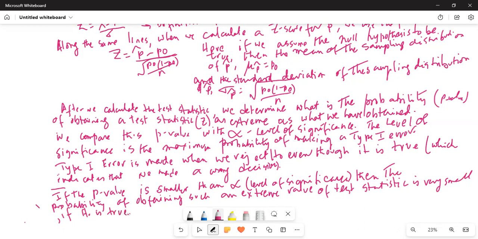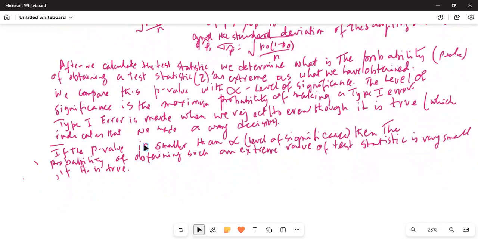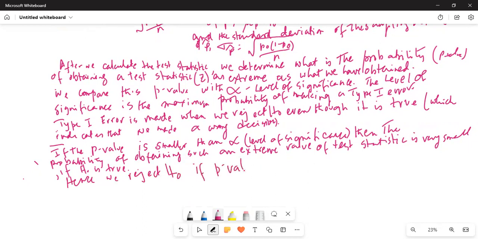Hence, we reject H0. Reject H0 if p-value is less than alpha.